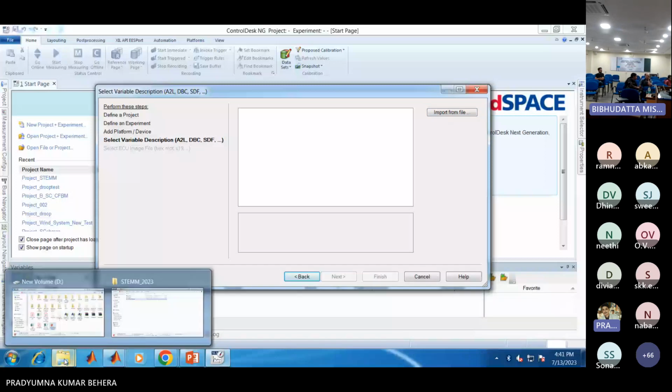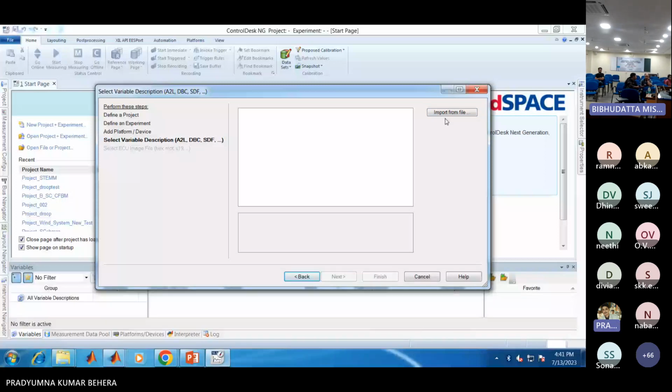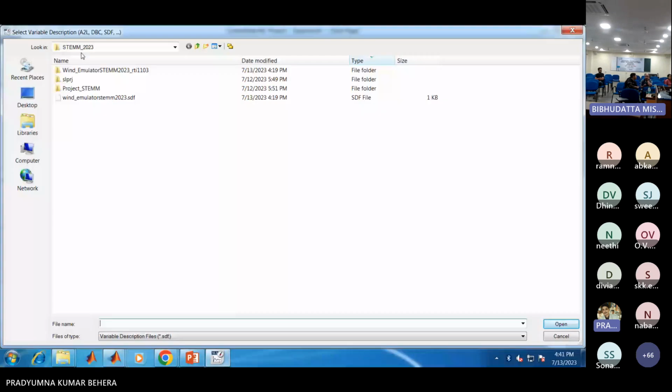So I am going to import that here. This is the root directory. You can see the name Wind Emulator STEMM 2023.sdf. It was created at 4:19 p.m. on this date. We have to open this one, then press the finish button.